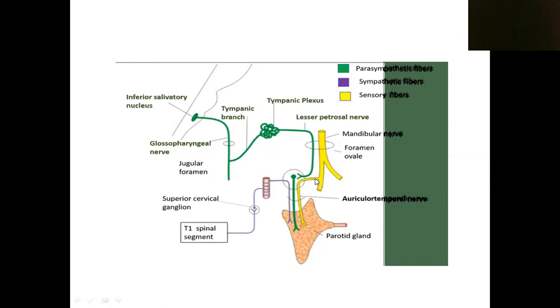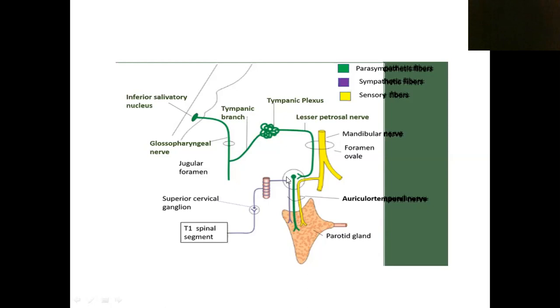Sorry, see, the lesser petrosal nerve ends here in a ganglion. It is known as the otic ganglion. The lesser petrosal nerve ends in the otic ganglion. There it gives this impulse to another neuron. See, the first neuron ends here in the otic ganglion. So the impulse in this neuron will be transmitted to the next neuron.